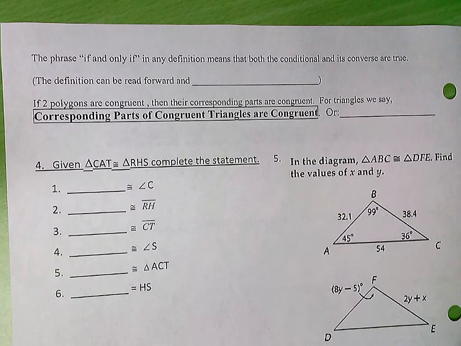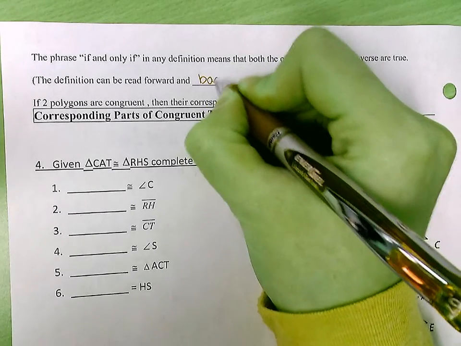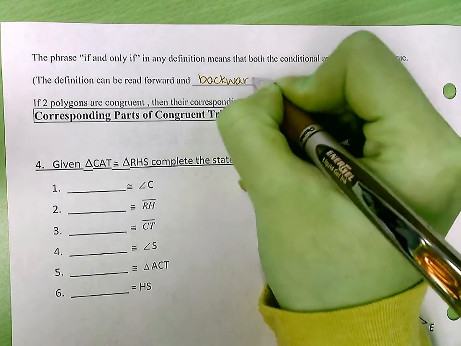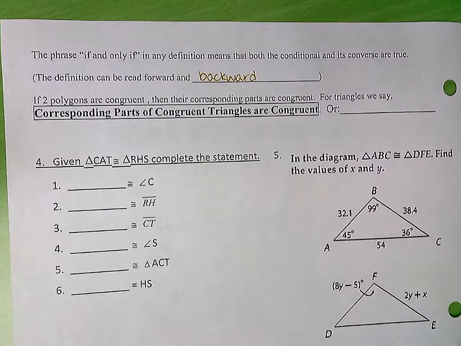The phrase, if and only if, in any definition means that both the conditional and its converse are true. That means that the definition can be read forward and backward. Converse means backwards. So if it says if and only if, you can take that front part and that back part and you can flip them. Both sides of that must be a true statement.